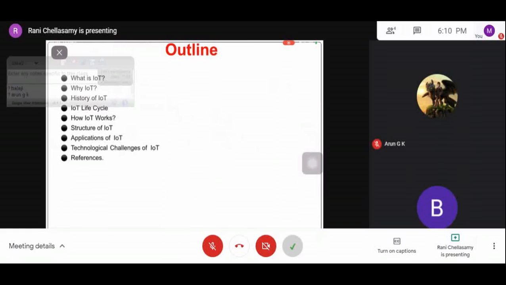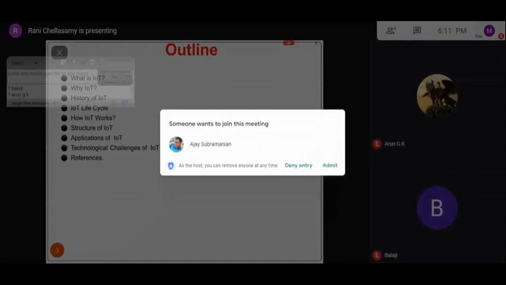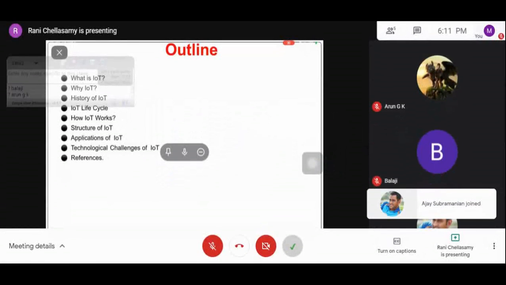We'll be seeing the IoT life cycle, how the IoT works, and the structure of the IoT. We'll be seeing the applications of IoT. There are so many applications in the real world, and some of them will be listed in this session. We'll also see the technological challenges of IoT. With this, we'll wind up the session.